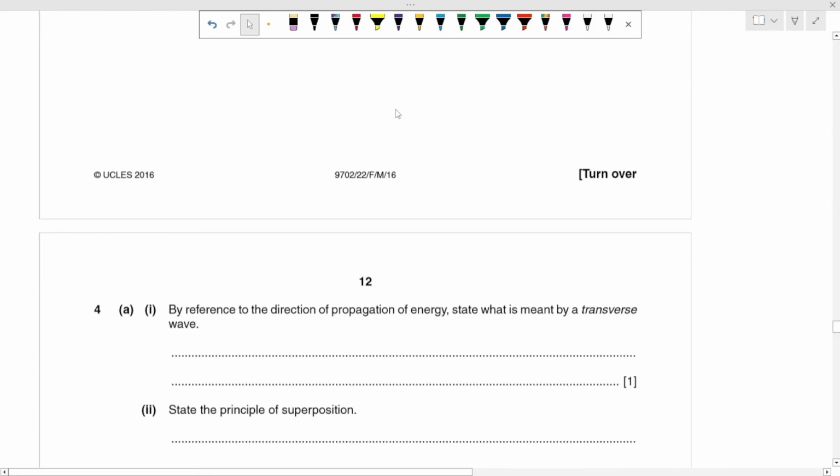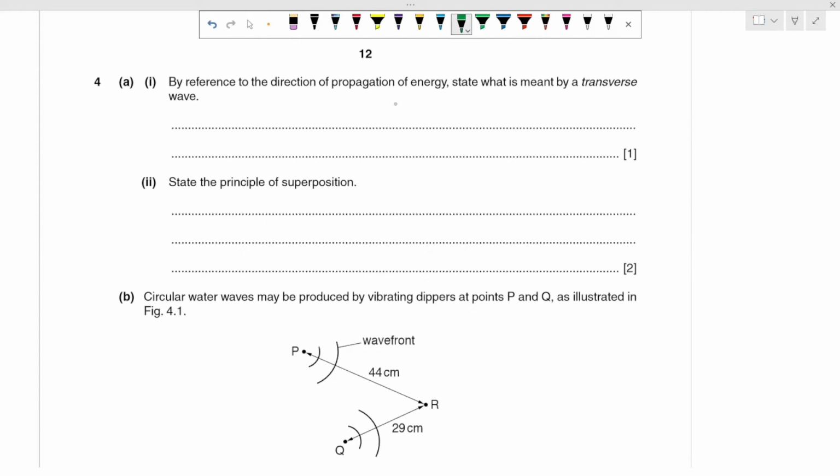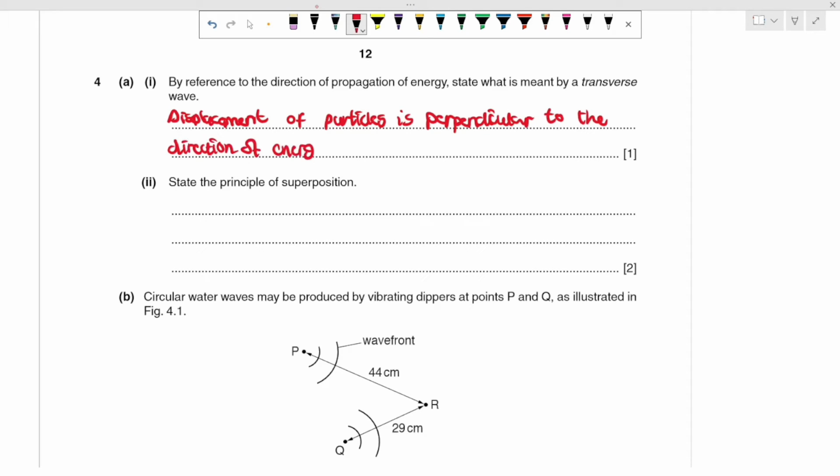Let's move on. 4AI. By reference to the direction of propagation of energy, state what is meant by a transverse wave. Well, this is basically a wave that has the displacement of particles perpendicular to the direction of energy propagation.